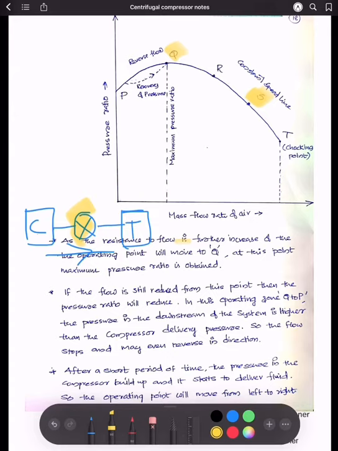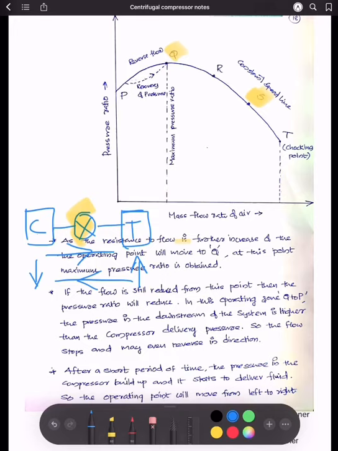Now beyond Q, if we decrease the mass flow rate, the pressure ratio decreases, as a result of which the pressure on the compressor outlet side decreases and the pressure on the tank will be high. As a result, the reversal of airflow takes place.